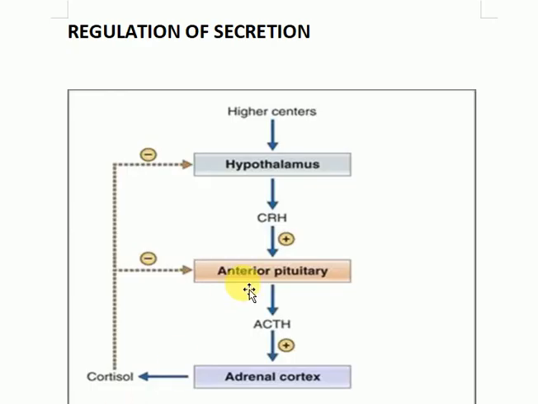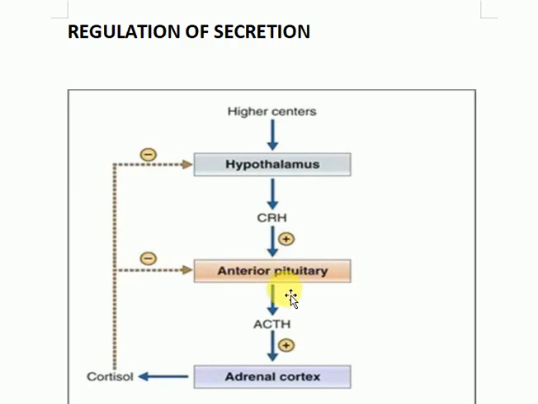Now, once the hormone is synthesized, we look at the regulation of the secretion of these hormones. The hypothalamus secretes corticotropin releasing hormone, which acts on the anterior pituitary gland.